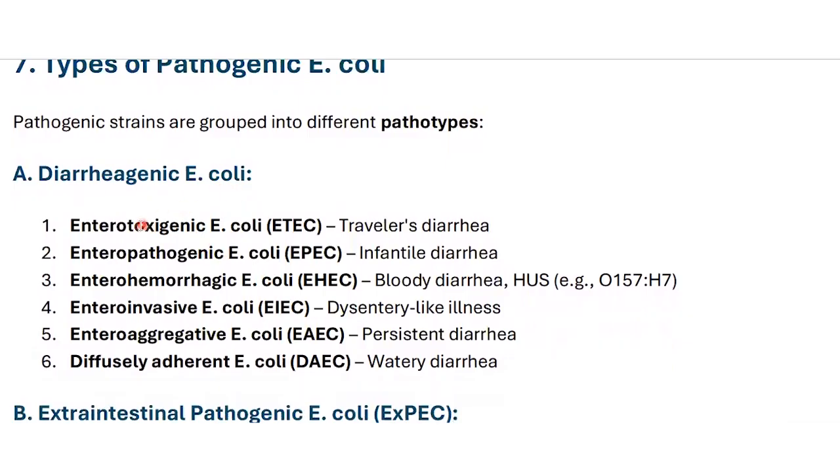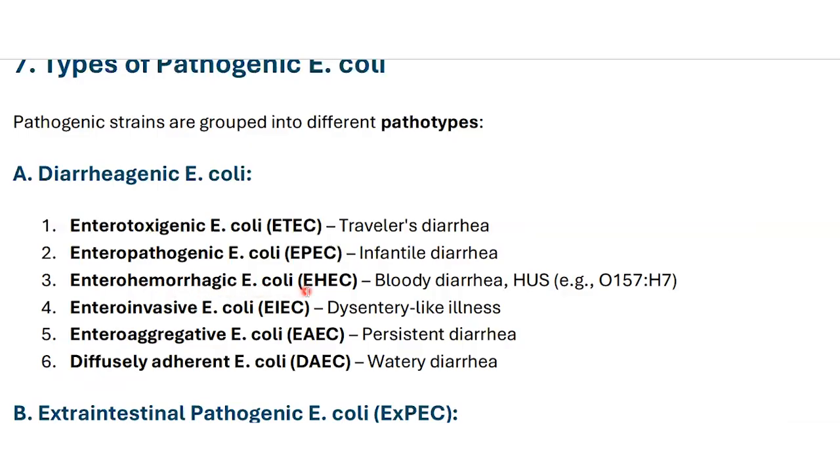Diarrheal E. coli that cause diarrhea. First is enterotoxigenic E. coli. These are different strains of the bacteria that cause different diseases in our body. ETEC causes traveler's diarrhea. Enteropathogenic E. coli, EPEC, causes infantile diarrhea.